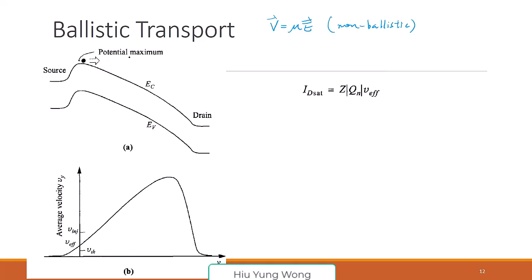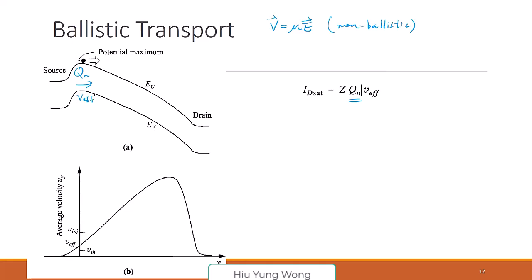So if that is the case, the current really just depends on the concentration of electrons at this injection point. We call it the injection point. And then the effective velocity at this point. Because this is the limiting factor, right? I have Qn electrons here, and they travel at velocity v effective.